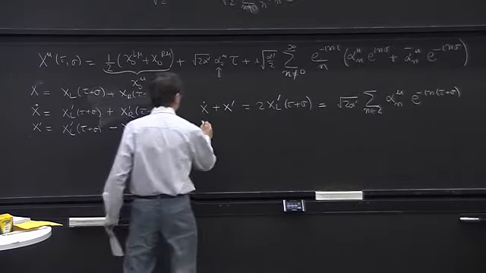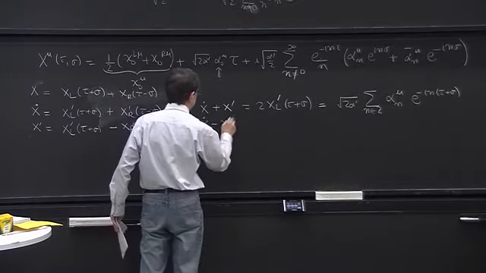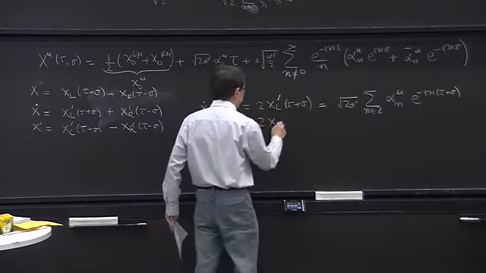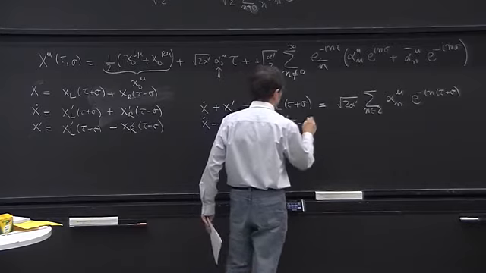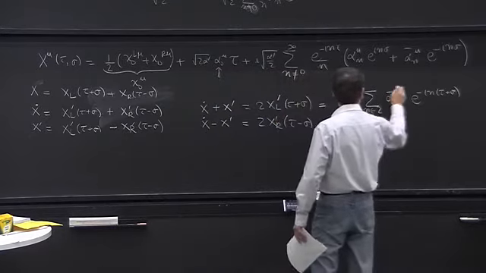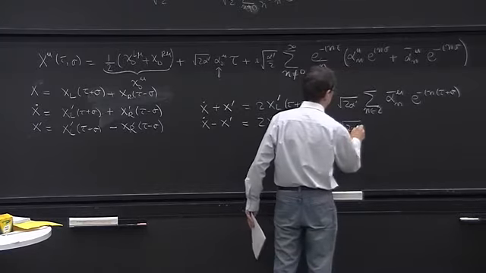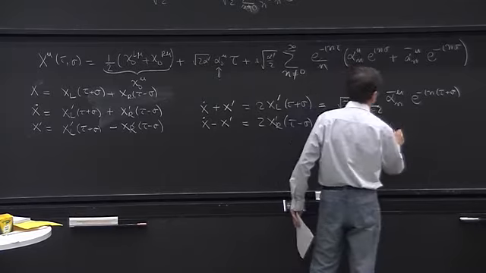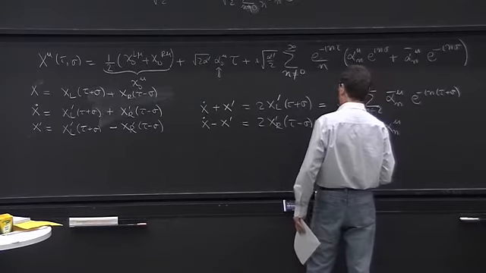And X dot minus X prime is 2 X right prime, and it's for the alpha n bars, square root of 2 alpha prime, n belonging to Z, alpha n bar mu, e to the minus i n (tau minus sigma).